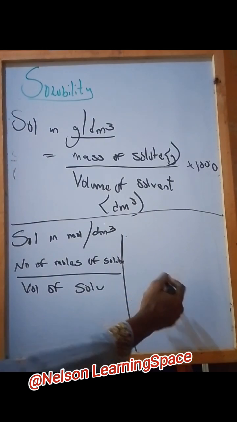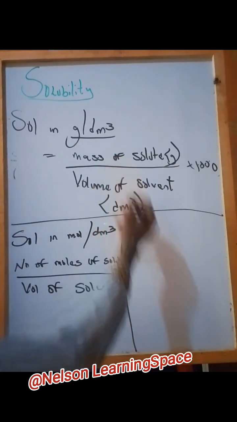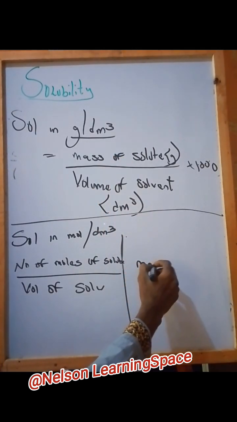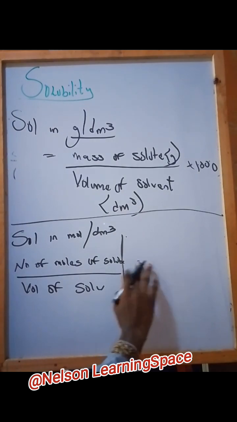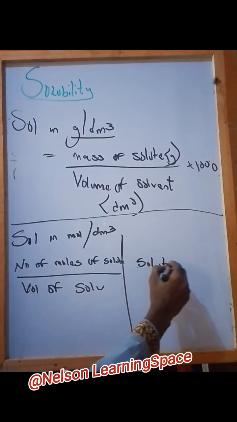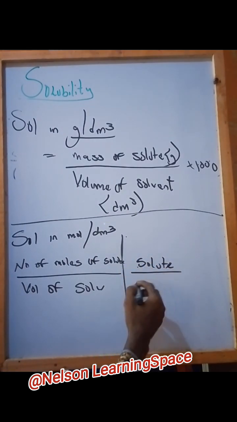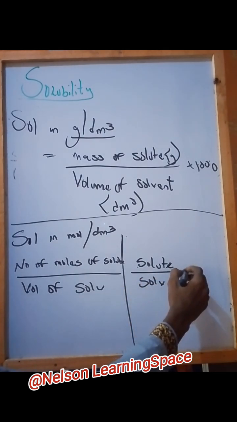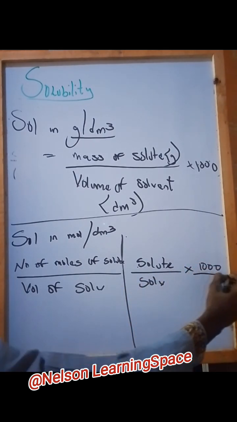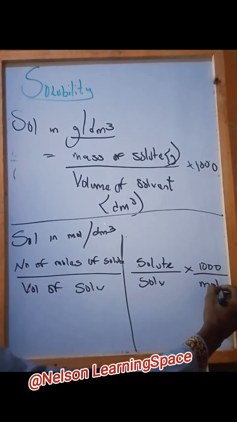Or use this one, which I like using very well, which is the same thing: mass of solute over mass or volume of solvent, multiplied by 1000, over molar mass.